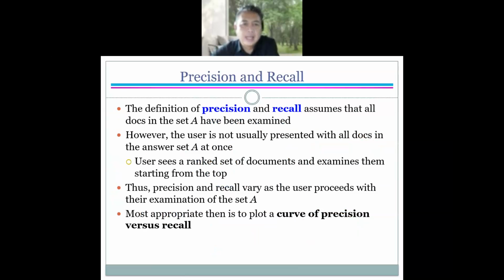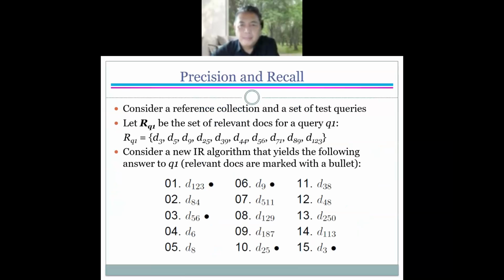Okay, let's take a look at this. How do we use this one in an actual scenario? Okay, let's suppose we have this query 1, and for query 1, these are the relevant documents that we have. So we have 10 documents.